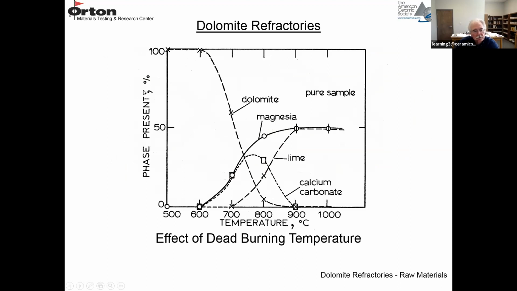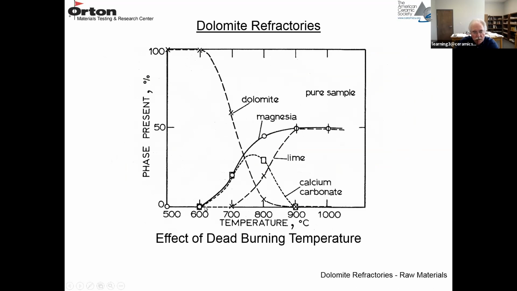So this is the phases that are present versus temperature. So you start out with 100% dolomite. And the first thing that decomposes is the magnesium carbonate. So it starts to decompose at about 600 C. And this solid line represents the increase in MgO content as the magnesium carbonate decomposes.